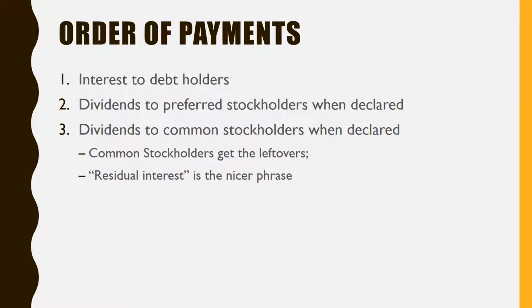But again, dividends are only booked when they're declared. The common shareholders, if it's because of dividends or because of bankruptcy, they always just get the leftovers. The nicer way to say that is they have the residual interest.